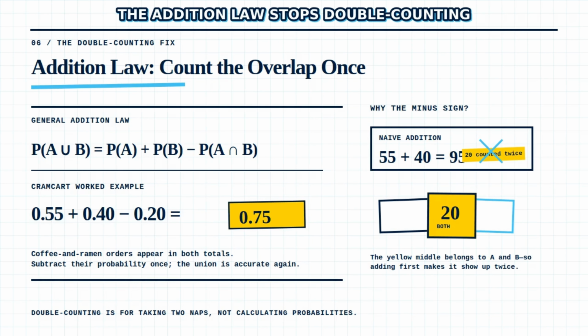Now for the addition law, the move that prevents double counting. If we add the coffee probability, 0.55, to the ramen probability, 0.40, we have counted the 20 coffee and ramen orders twice. They appear once in A and again in B. So subtract the overlap once.